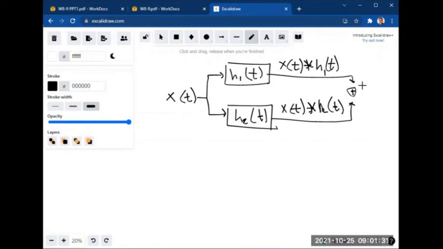So we will add this, and we will have x of t convolved with h1 of t plus x of t convolved with h2 of t. But if we do it this way, we will do the other process first on the impulse responses. We will add these 2 signals first.